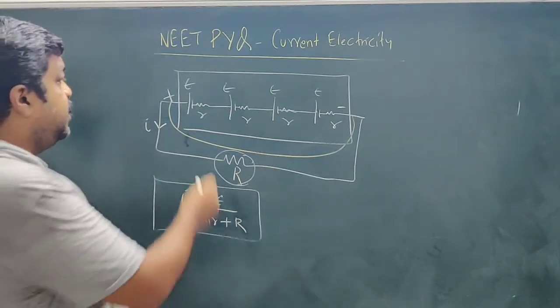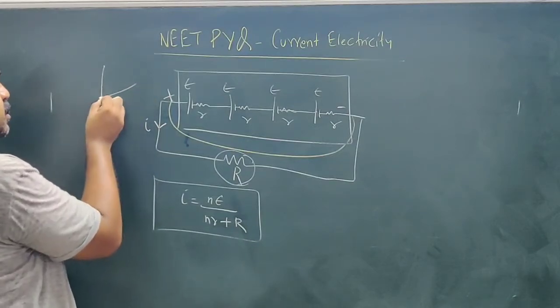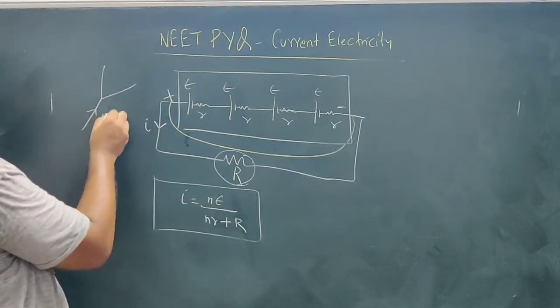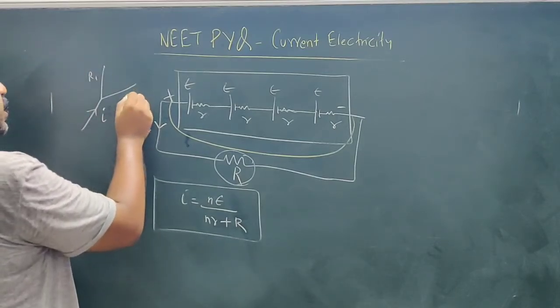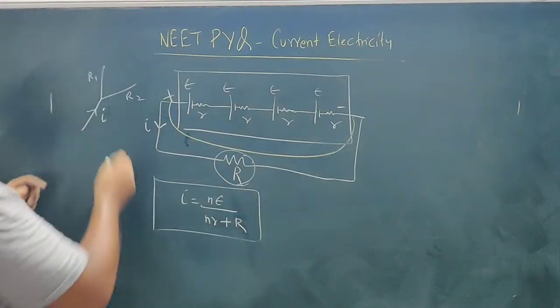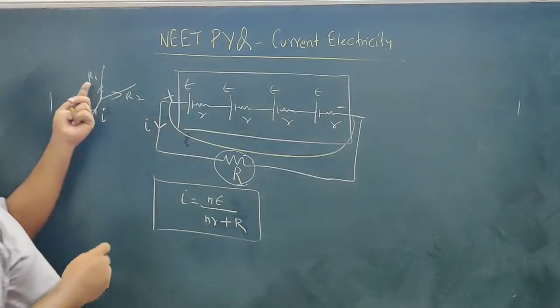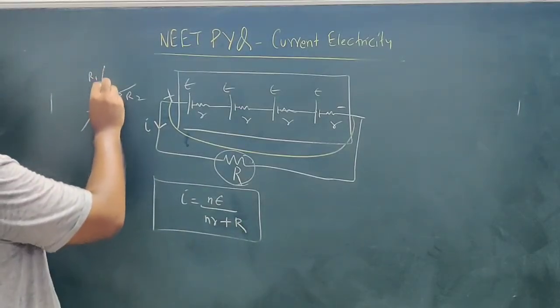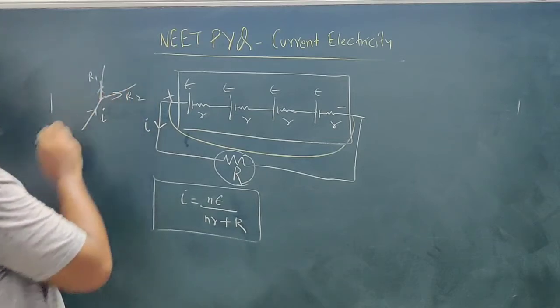Why is it removed from the circuit? Because suppose current has two options. This current comes to this point, and it has two options. Here resistance is R1, here resistance is R2, and suppose R1 is less than R2. Current will flow in both paths, but where resistance is less, more current will flow, and where resistance is more, less current will flow.